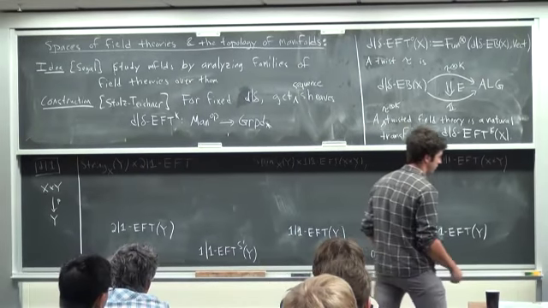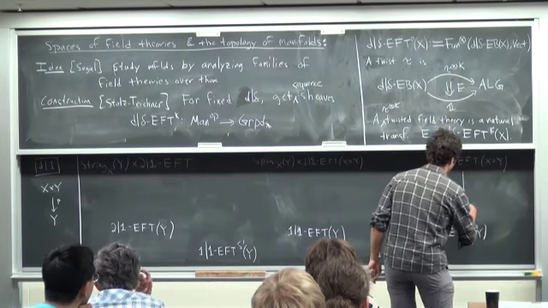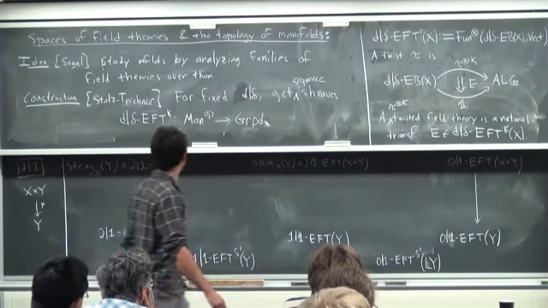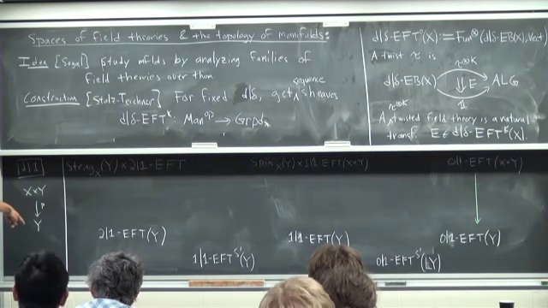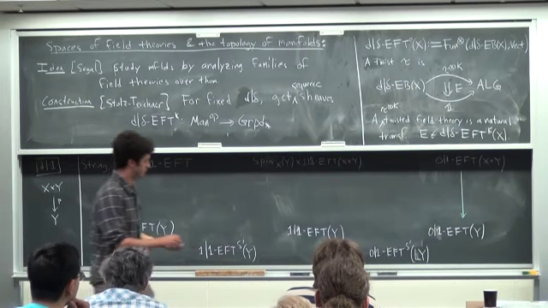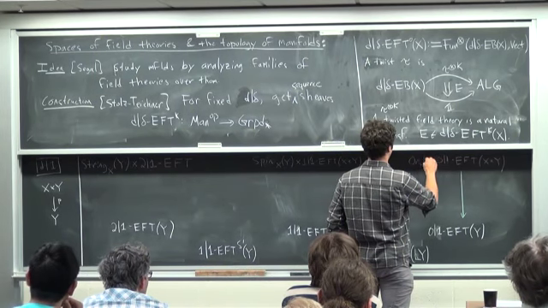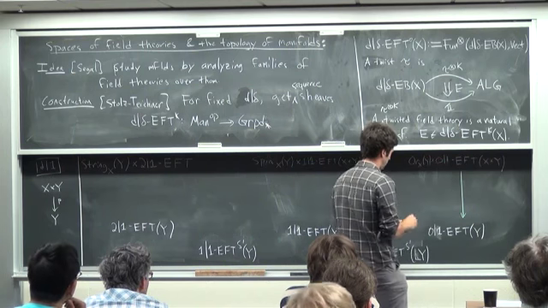So I have this map that I mentioned called integration of forms. I can do this in families. If I have a fiber bundle X cross Y over Y, or more generally any kind of fiber bundle with fiber X, such that I have an orientation on these fibers, I can do this integral.